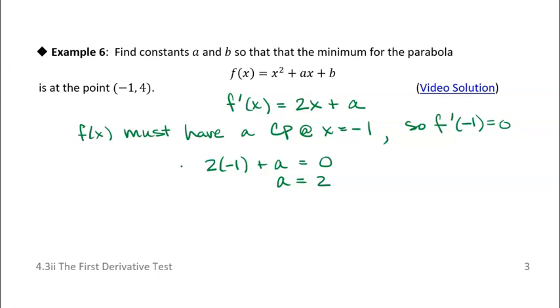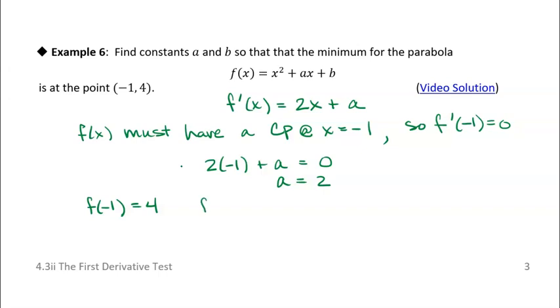Now, how do I find b? Well, I know that the value of the function, f of negative 1, has to be equal to 4, because I know that this minimum point is on the graph. And so when I plug negative 1 into f of x, I should get 4. So let's do that.